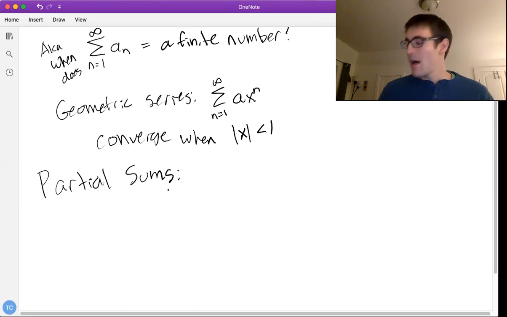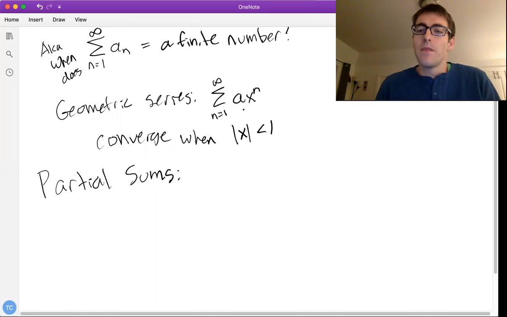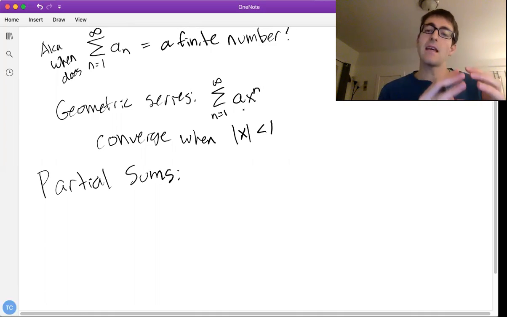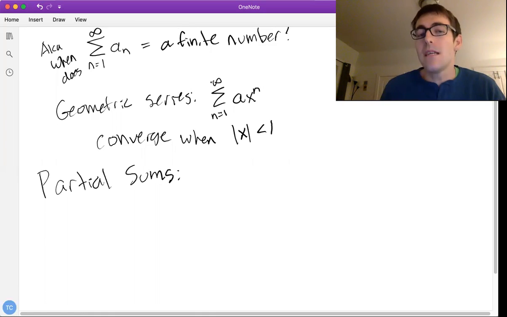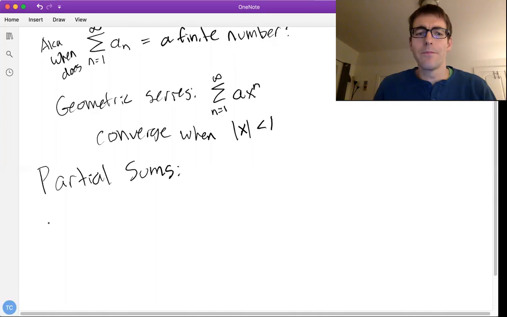The idea behind partial sums is, if we want to know if this infinite list of things added together is a finite number or an infinite number, we can start off by looking at the sequence that's formed by taking just finite pieces of this infinite series. There are a lot of sequences and series and infinites and finites floating around, so let's take a look at an example.